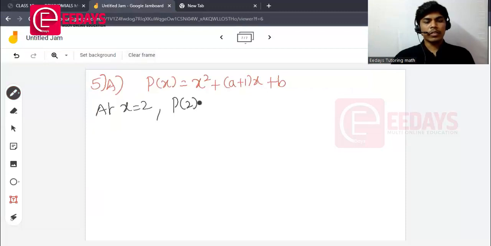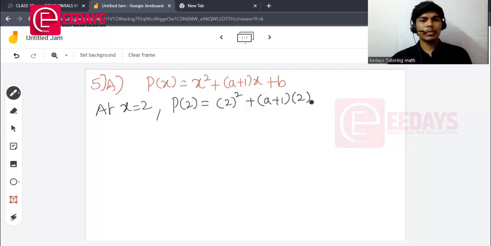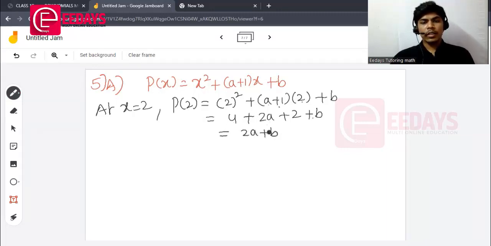So p of 2 is equal to 2 square plus (a plus 1) into 2 plus b. 2 square is 4, 2 into a is 2a, 2 into 1 is 2, plus b. Add 4 plus 2, that is 6, so 6 plus 2a plus b. That is equation 1.